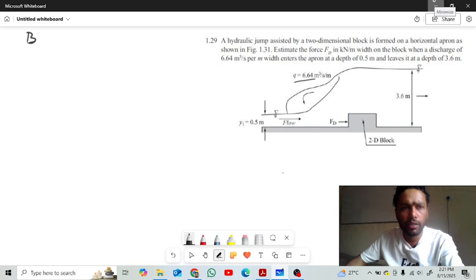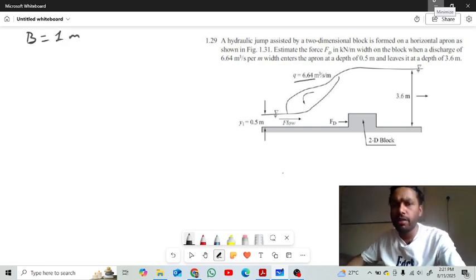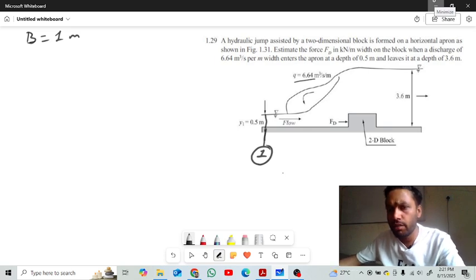That is, the width is 1 meter, and depths before and after the jump are given as 0.5 meter and 3.6 meter. You can see this is section number 1, and this is section number 2, just before and after the jump.